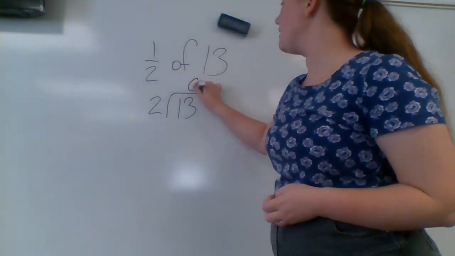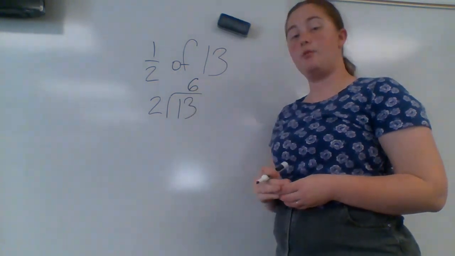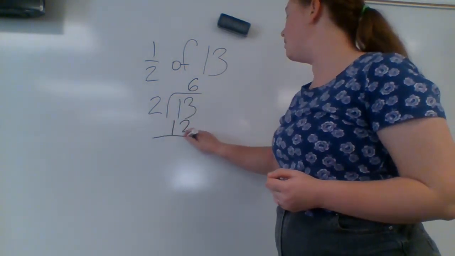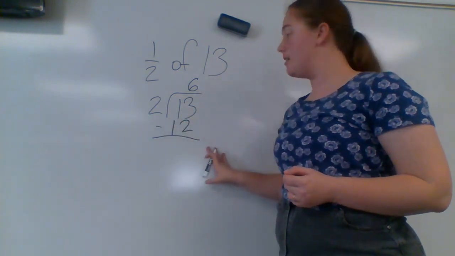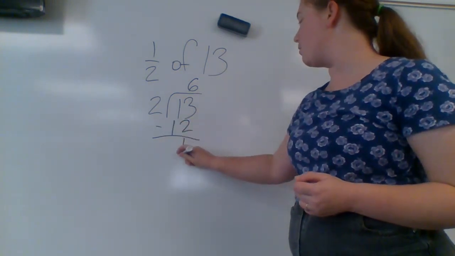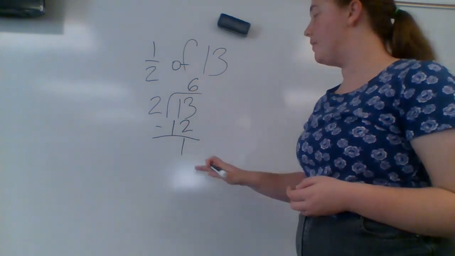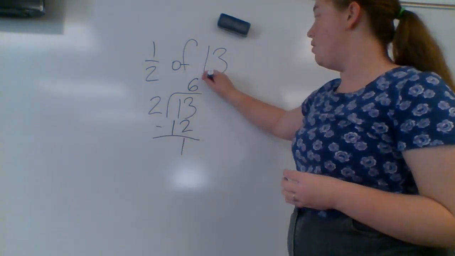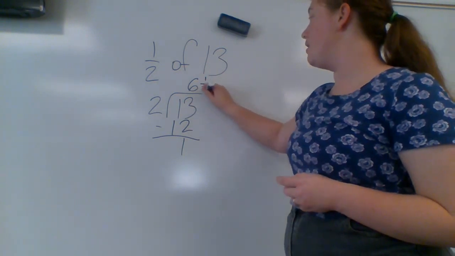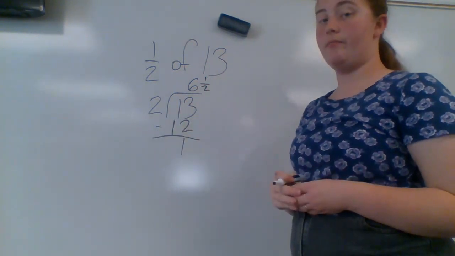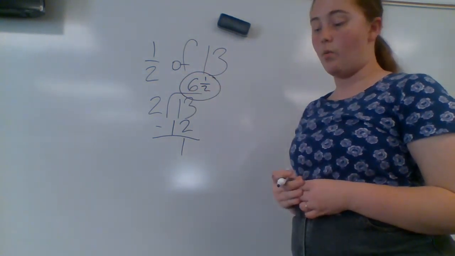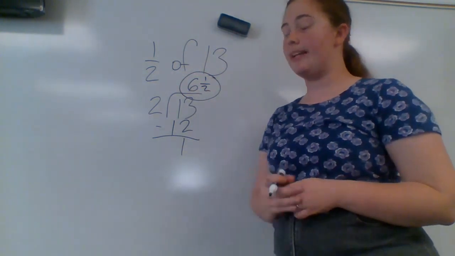Let's try 6. 6 times 2 is, good, 12. We're going to subtract, and we know that 13 minus 12 is 1. 1 is smaller than 2. Make sure we always do that compare. 1's going to go up here. 2 is going to go down here. So my answer is 6 and 1/2. Going to write that in the blank.